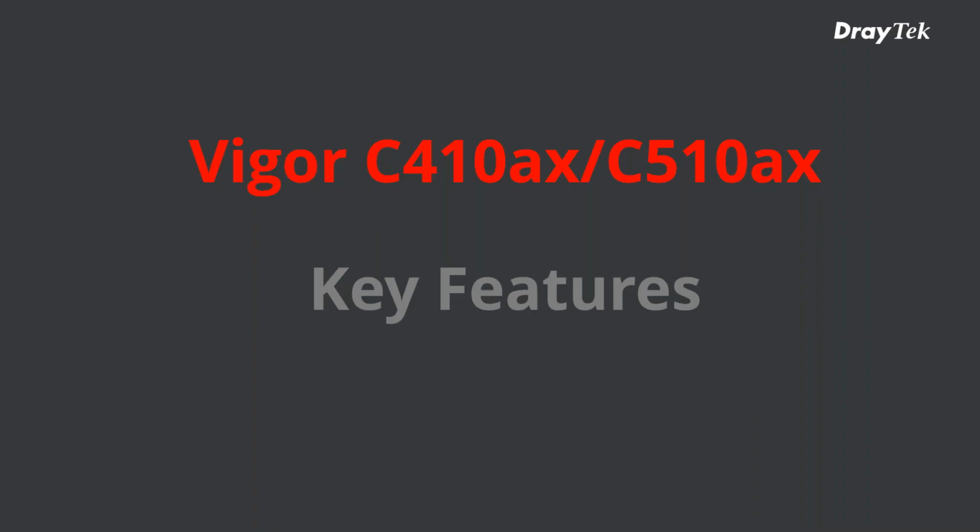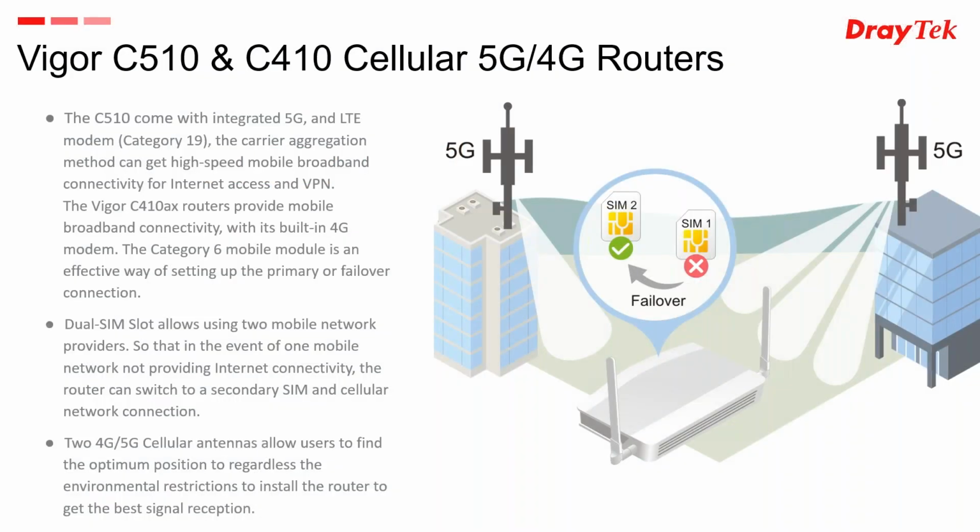The key features. Number one, obviously, is the C series, because cellular broadband is available out of the box. The Vigor C510 comes with the integrated 5G/4G LTE modem.